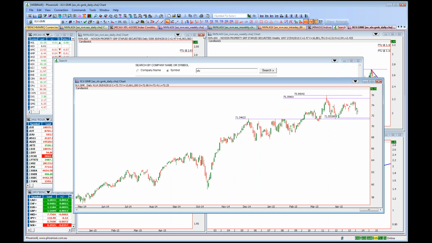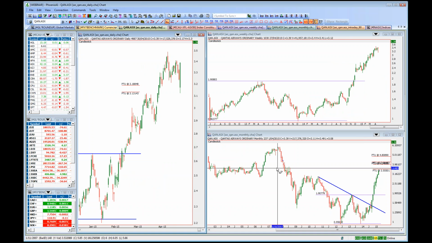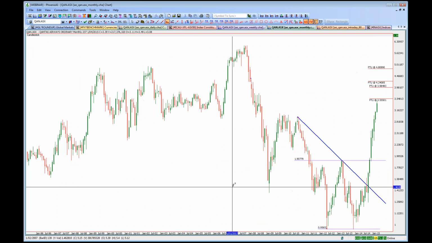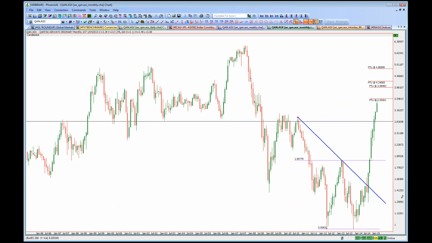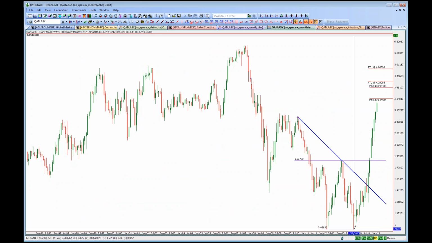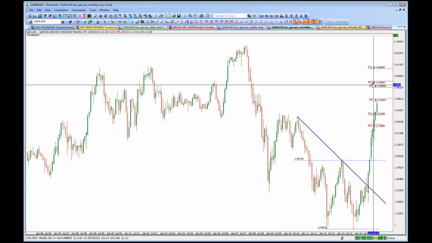Qantas. We've got here. Remove that. Remove that. Monthly. That was its first target.